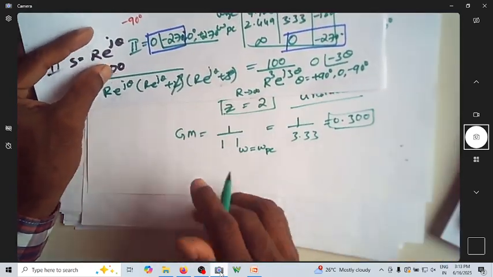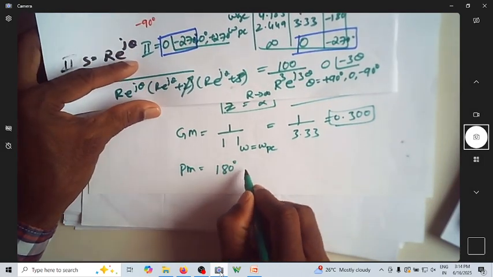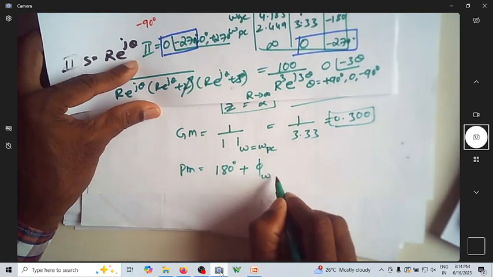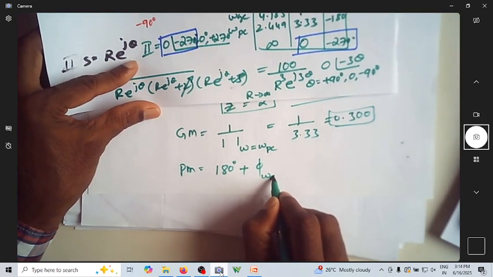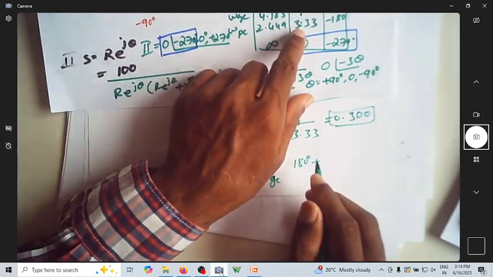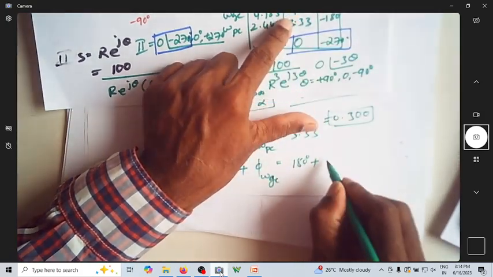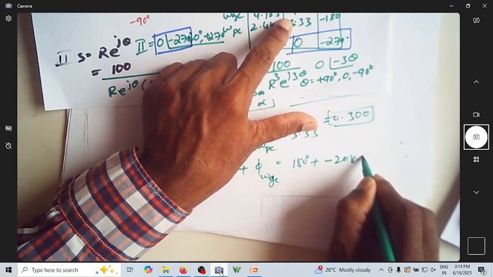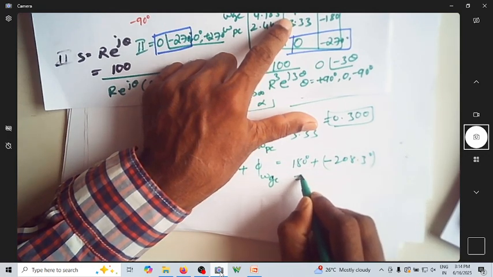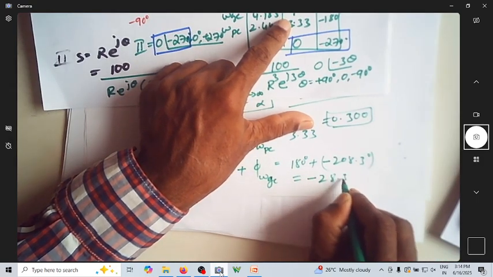How much is the phase margin? Phase margin is nothing but 180 degree plus the phase at omega gc. So this is nothing but 180 degree plus, can you see how much is the phase at omega gc? Right, the phase is actually minus 208.3 degrees. So now the phase margin is minus 28.3.